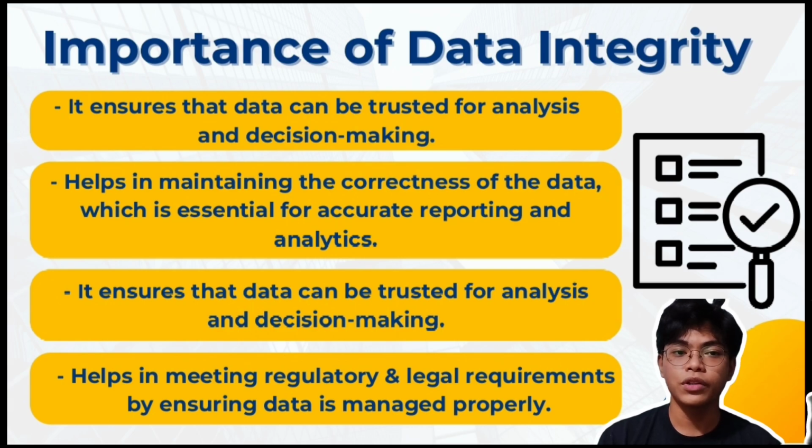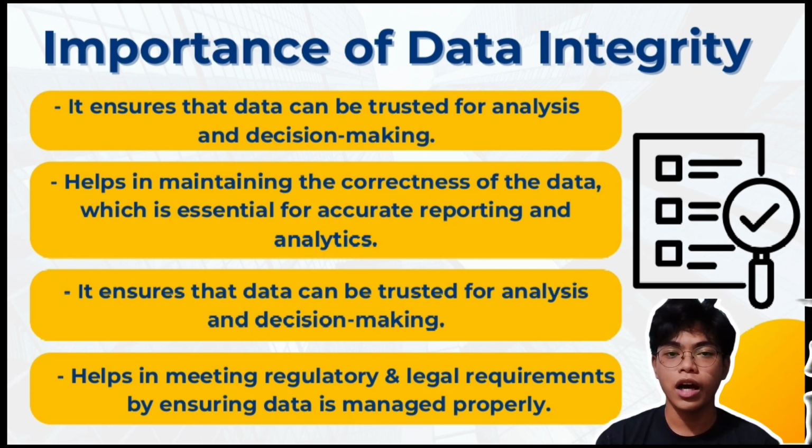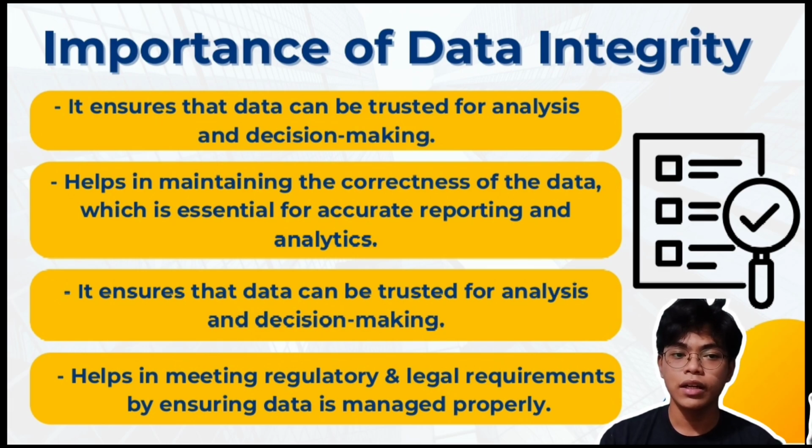Next is the importance of data integrity. It ensures that the data can be trusted for analysis and decision making, and helps in maintaining the correctness of the data, which is essential for accurate reporting and analytics. It prevents anomalies and inconsistencies that could lead to faulty conclusions, and helps in meeting regulatory and legal requirements by ensuring data is managed properly.